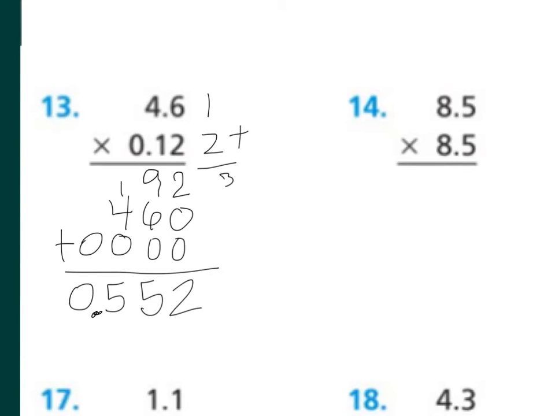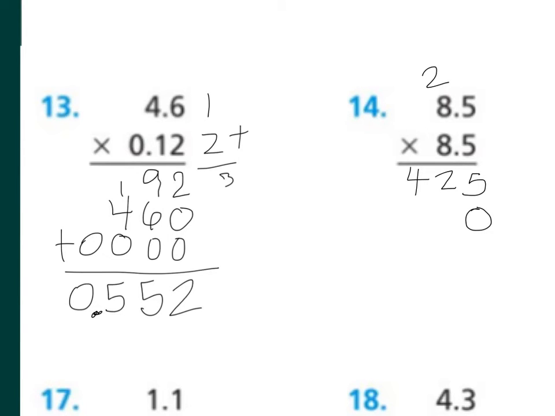So let's try it on number 14. 5 times 5 is 25. Aligning those numbers just like I would if they were whole numbers. 5 times 8 is 40, plus 2 more, 42. I have to put that 0 there as a placeholder because I'm moving over to the tens place.